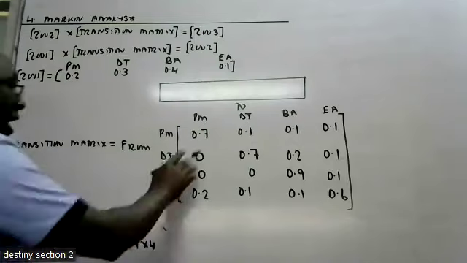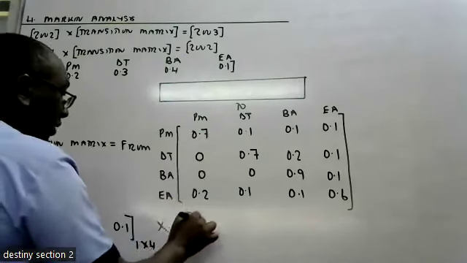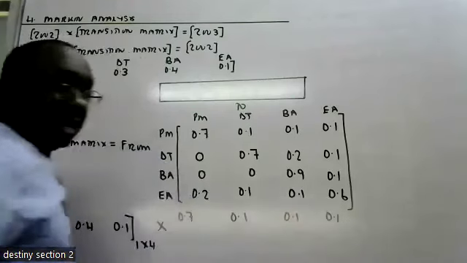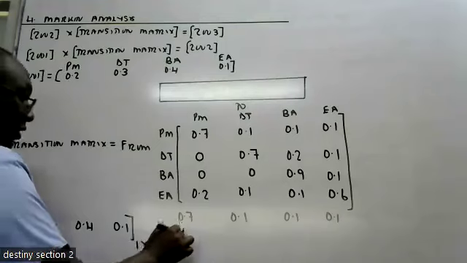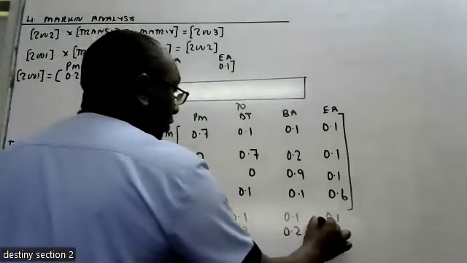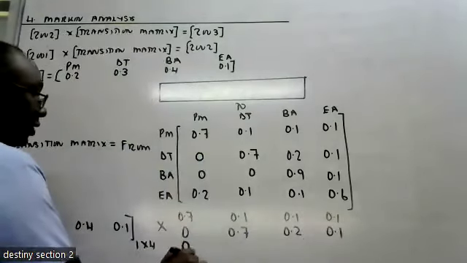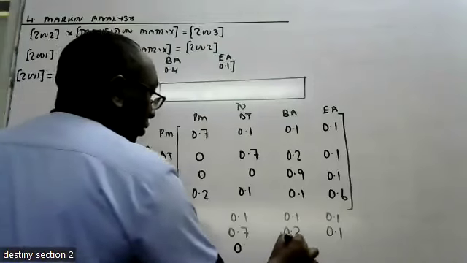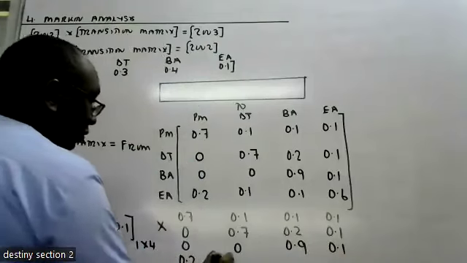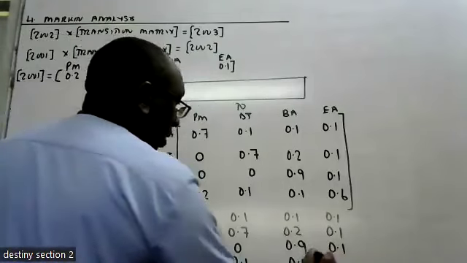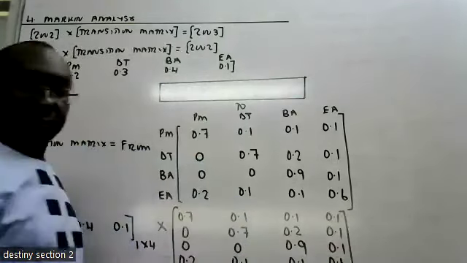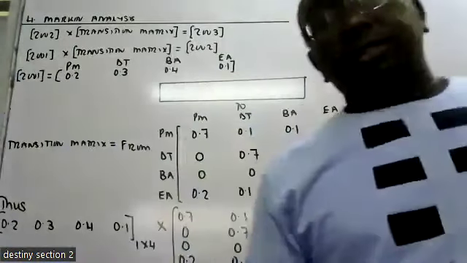I come to multiply now this matrix here, 0.7, 0.1, 0.1, 0.1. Then this is 0, 0.7, 0.2, and 0.1. This is 0, this is 0, this is 0.9, and this is 0.1. 0.2, 0.1, 0.1, and 0.6.